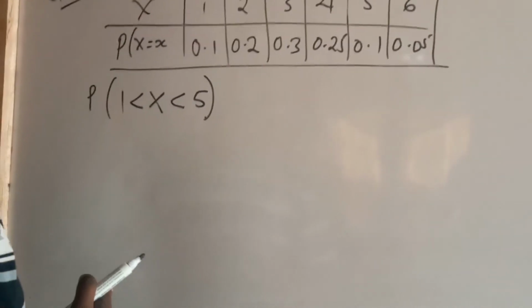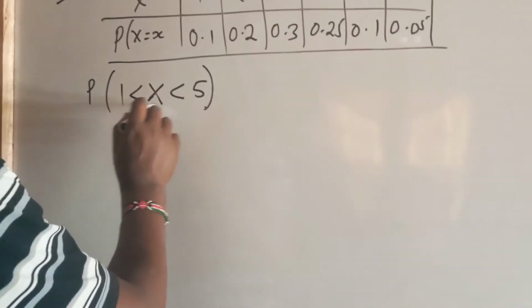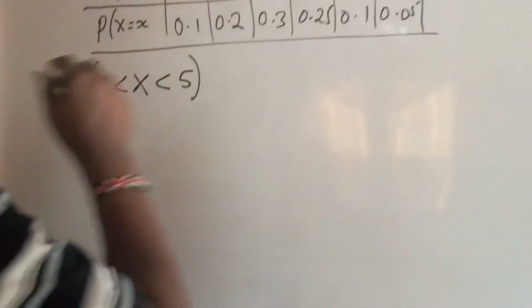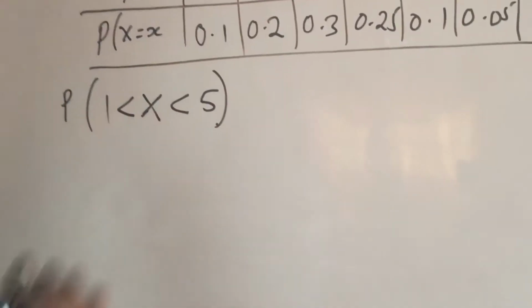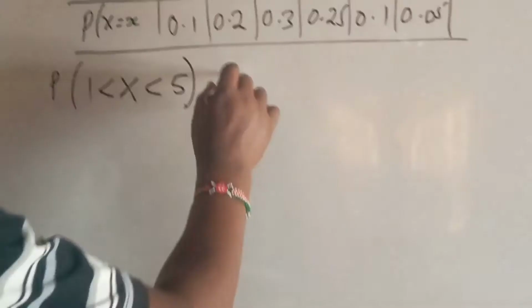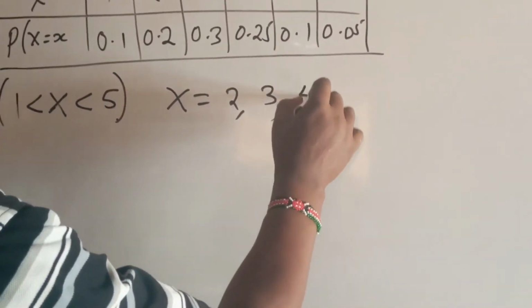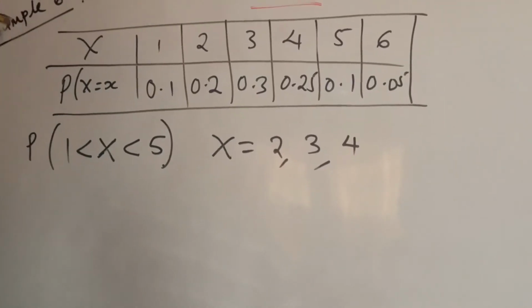We are expected to find the probability that our value of x is greater than 1 and less than 5. And of course, 1 itself is not inclusive and 5 is not included as well. So x can be 2, 3, or 4. 5 is not inclusive. Remember, there is no equals to.